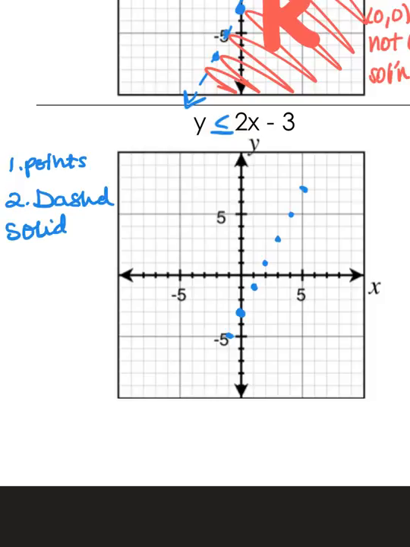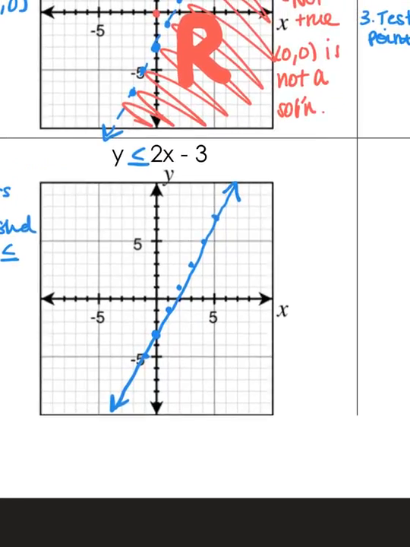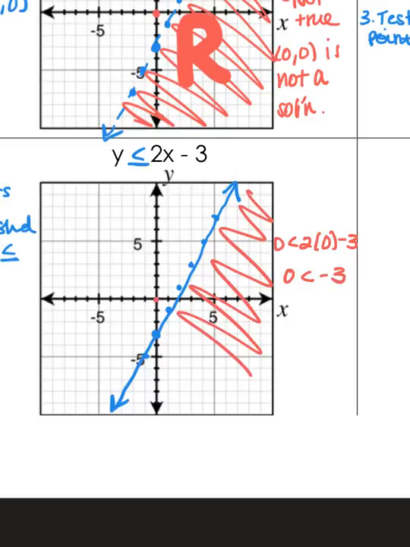Because this is a less than or equal to, that would be on our number line a filled in circle. So that's going to be a solid line. So the final thing is just testing that point. So if I plug in 0, 0, I get 0 is less than negative 3, which is not true. So I'm going to shade the other region and then put my R in that region.